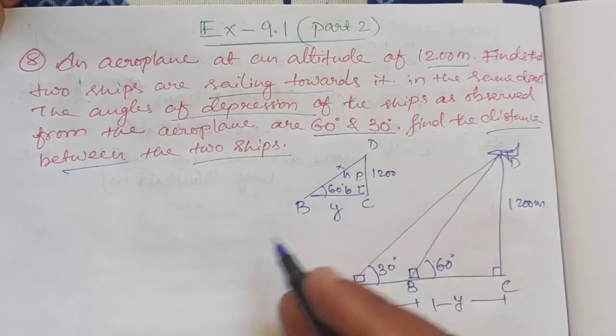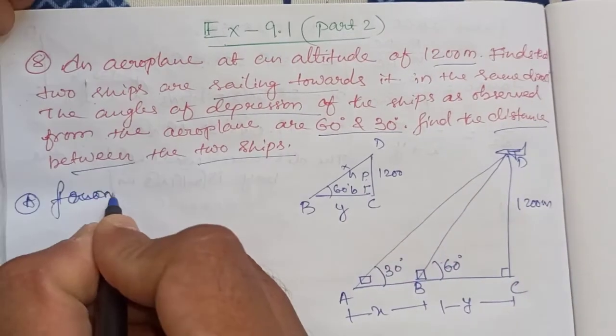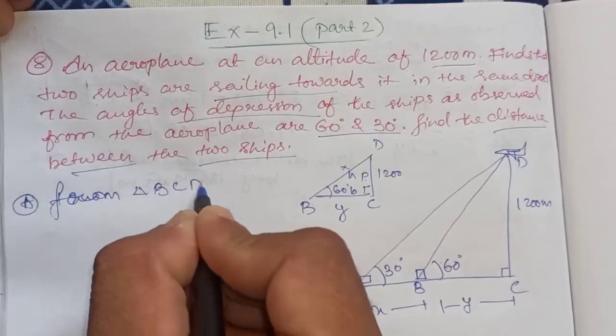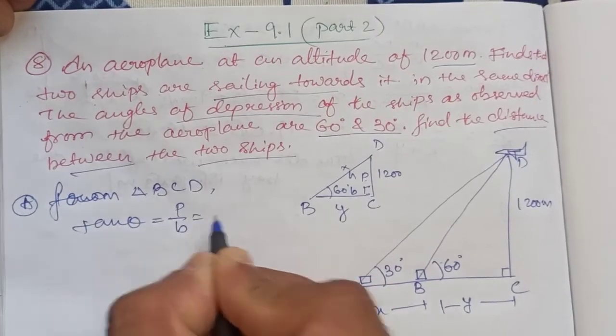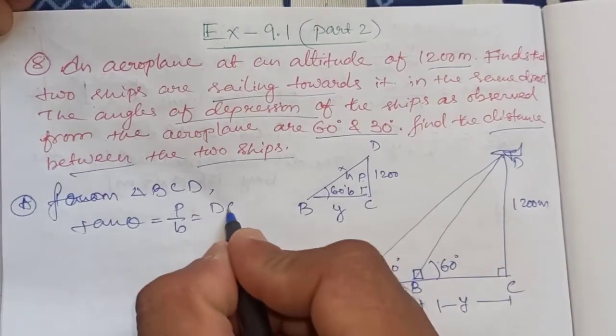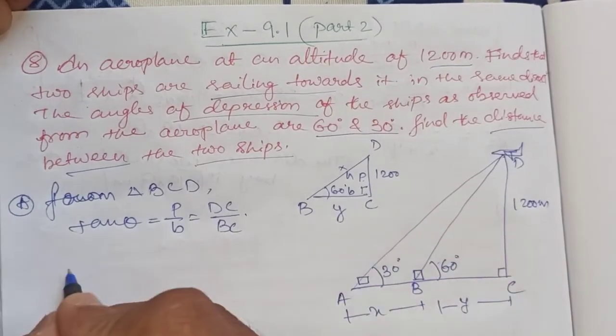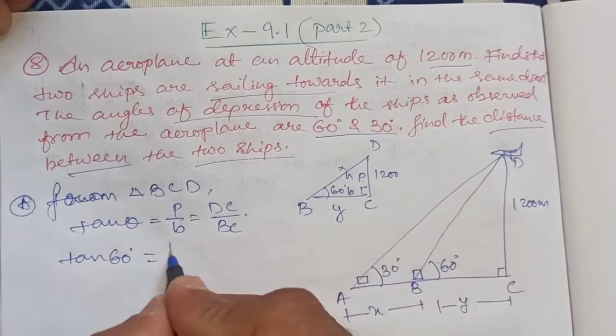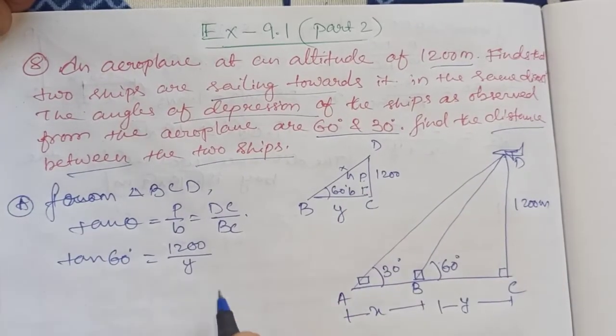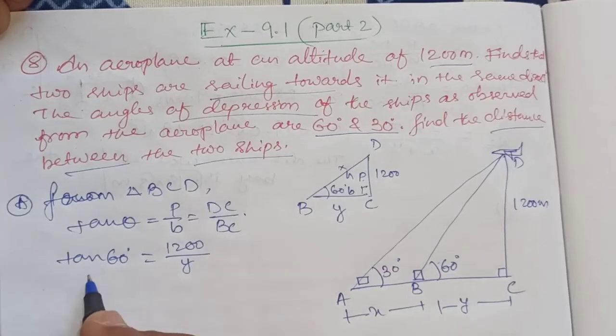We will take P by B. So from triangle BCD, tan theta equals P by B, that is DC by BC. Tan 60 degree equals DC, which is 1200, by BC. BC is Y.